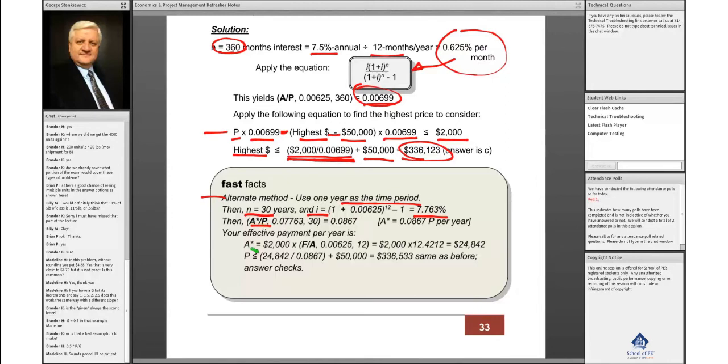The annual rate is 2,000 times your FA of 0.625, 12, multiply it all out. Here, once again, it's an algebraic methodology that you can use, and you get exactly the same answer, the same as before, within a rounding error.